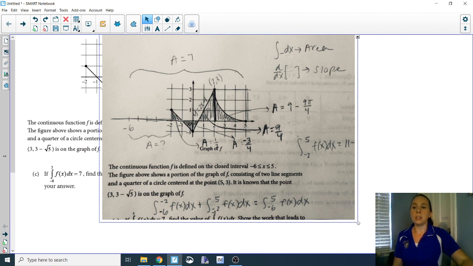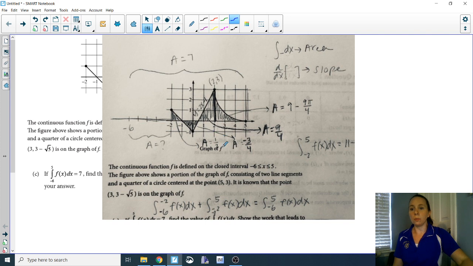So the first thing that I did was shade in all of the different pieces that I was going to need to calculate the area for, and I calculated each area and wrote them near the pieces. This piece is a triangular region, area is 1/2 base times height, so that's a pretty easy calculation. The area is 1/2.